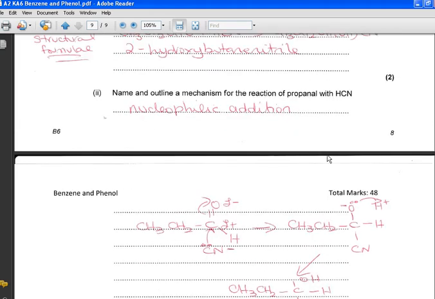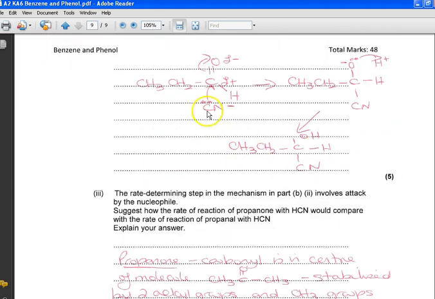Okay, so the outline, the mechanism. Don't forget, please put lone pairs and the minus charge. You must have the minus charge. You've got your positive and negative charge distribution in your carbonyl group. So your electrons are attracted to the positive.